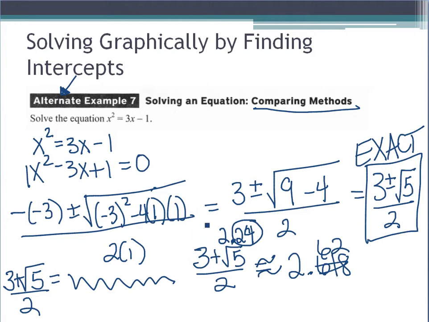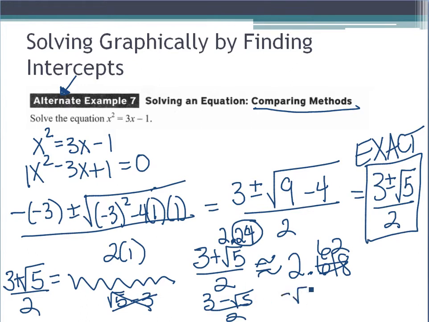So then we can do the same thing with 3 minus the square root of 5 over 2. So again, we take the square root of 5. I just start all over fresh. Then I'm doing 3 minus it. So I could just make that answer negative and then add 3 to it, because I'm not subtracting 3 from the square root of 5. So in my calculator, I'm not doing this, because that's not the same thing.